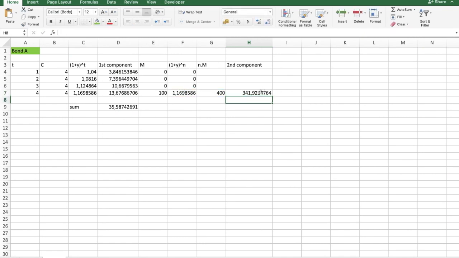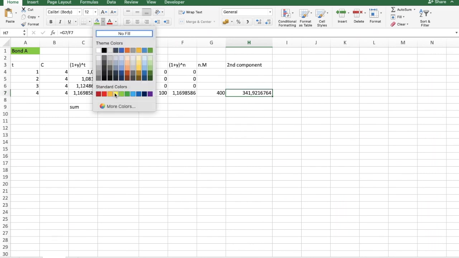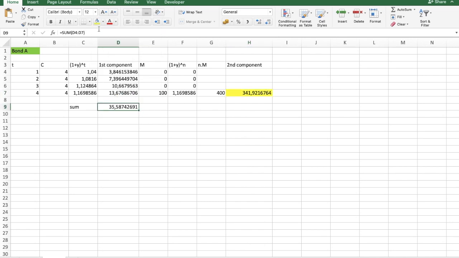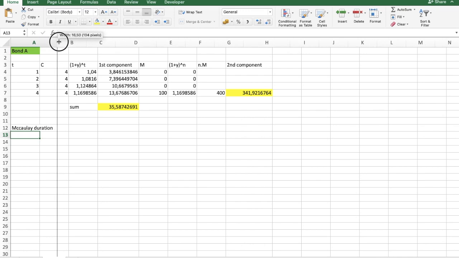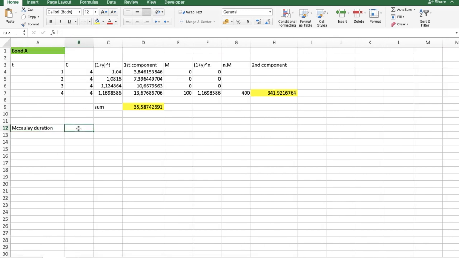That's it. This means that the second component, while this one is the first component, so the Macaulay duration is nothing but the sum of these two components, right?